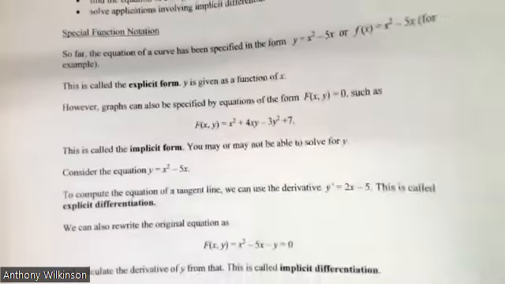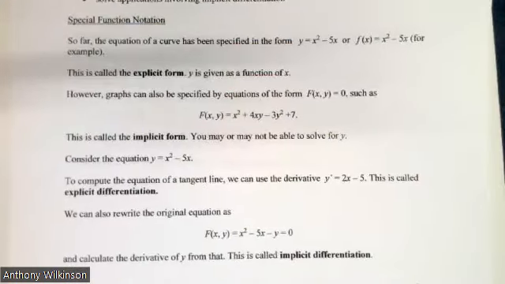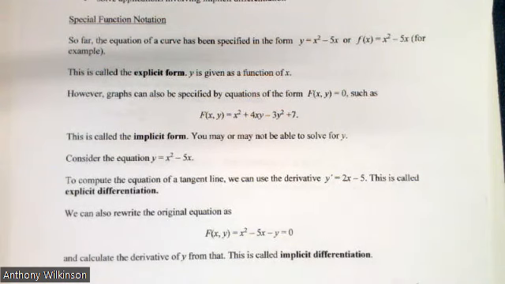Okay, so if we were to consider the equation y equals x squared minus 5x, we can compute the equation of the tangent line by using the derivative, y prime being equal to 2x minus 5. We call that explicit differentiation.